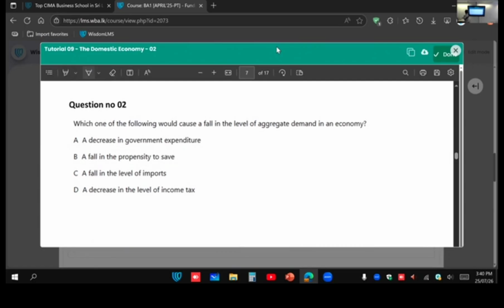Which one of the following would cause a fall in the level of aggregate demand? Factors affecting aggregate demand. You should be thorough.